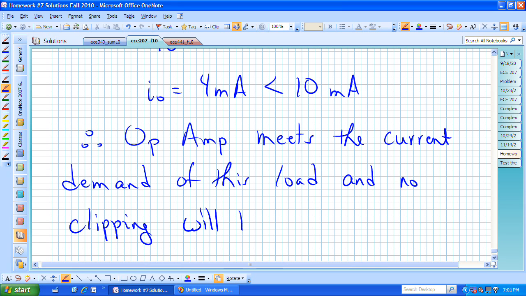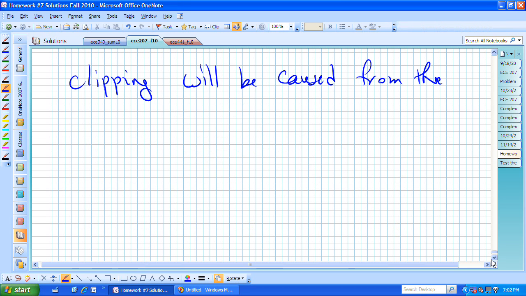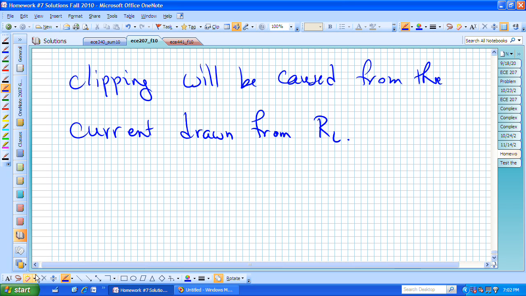No clipping will be caused from the current drawn from the op-amp to supply our load R sub L.